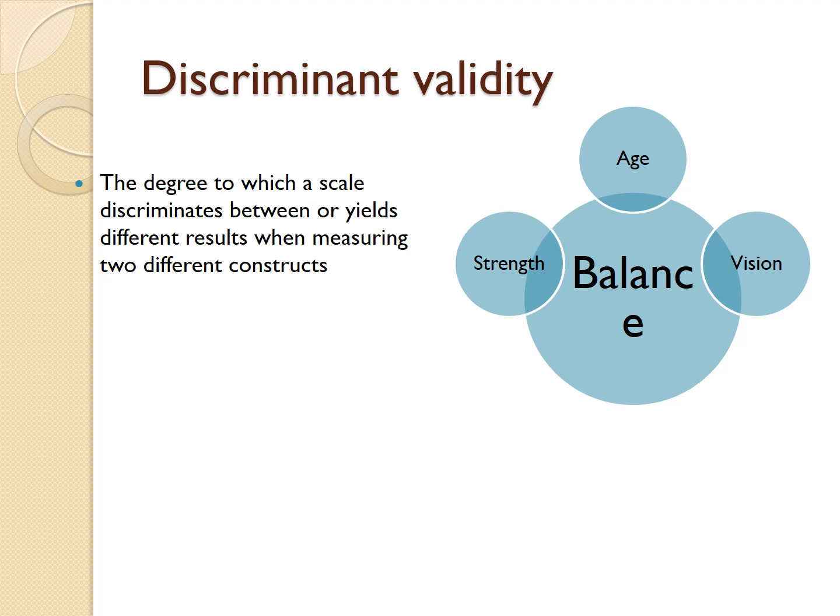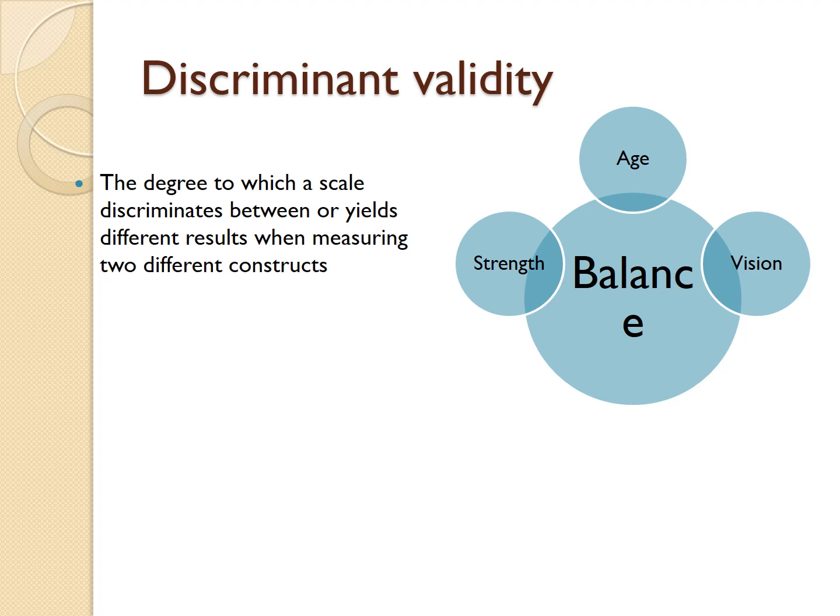So what about discriminant validity? It basically means the degree to which a scale can differentiate or discriminate between two different results when measuring two different constructs. This could be slightly confusing between convergent and discriminant validity.